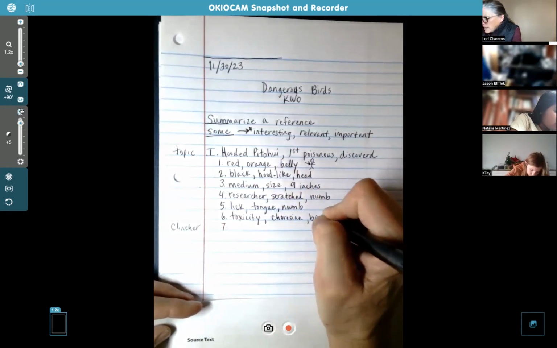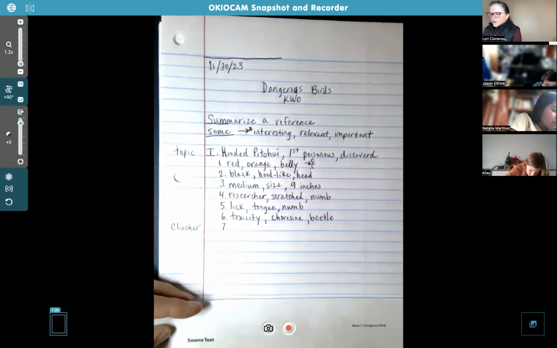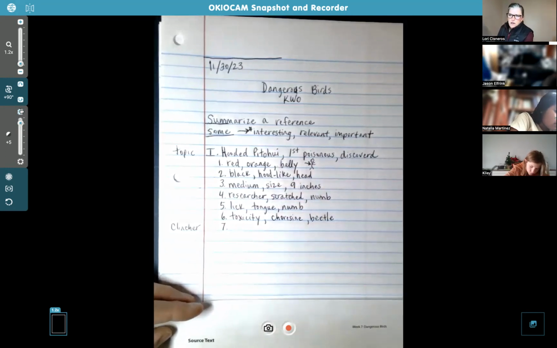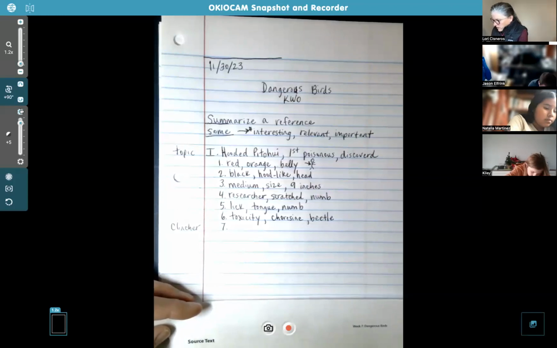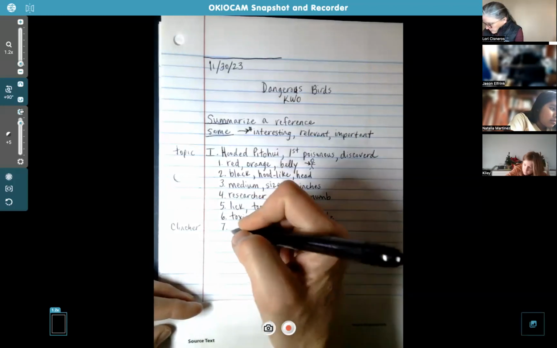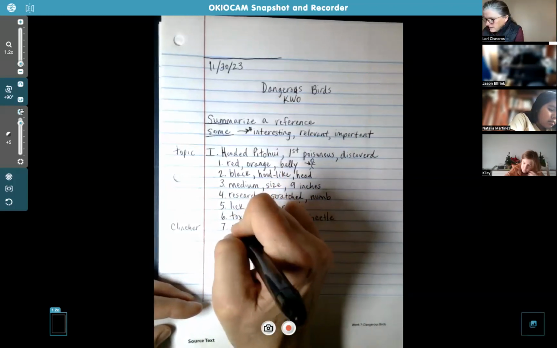Beetle. Now, that's what they eat. So be careful not to use the word eat, because that is a banned word. So you can say consume, gobble up, however you guys want to say that when you get to that point. And then, local natives know not to hunt or eat. So local, or I'm going to use the word natives.